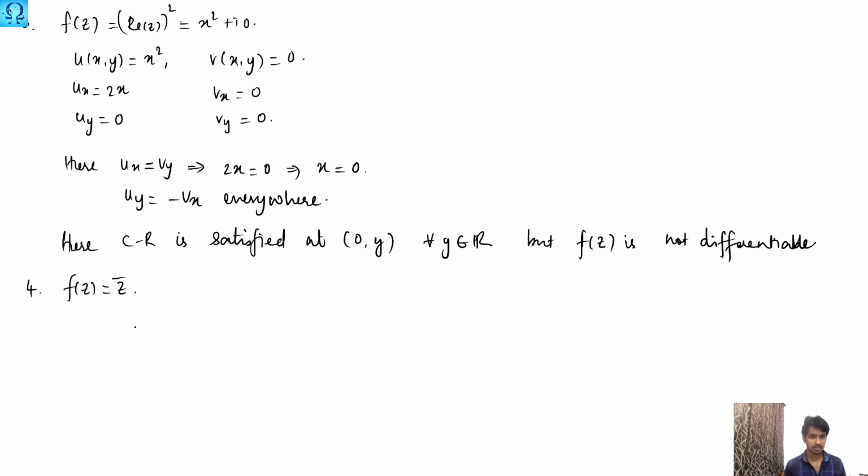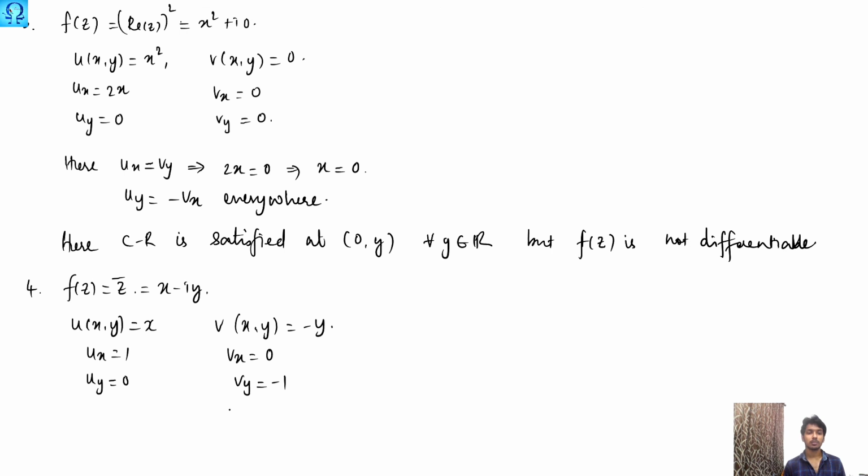We know this function is also not differentiable, but still we have to go with the help of the CR equations. So this can be written as x minus iota times y. So your u of xy is x and v of xy is minus y. So your ux is 1, uy is 0, vx is 0, and vy is minus 1.